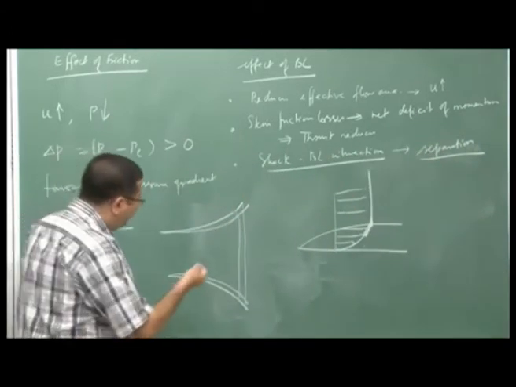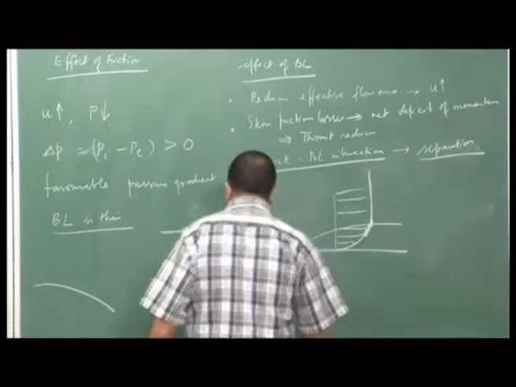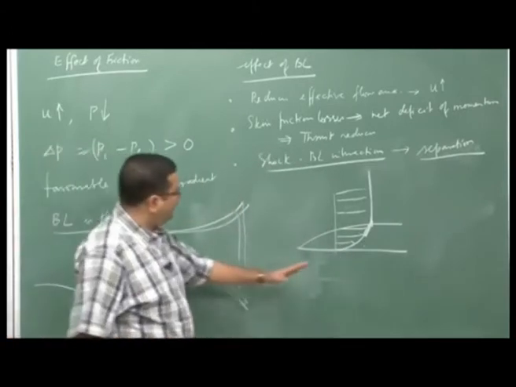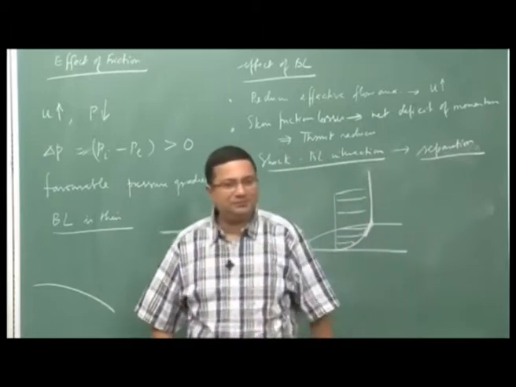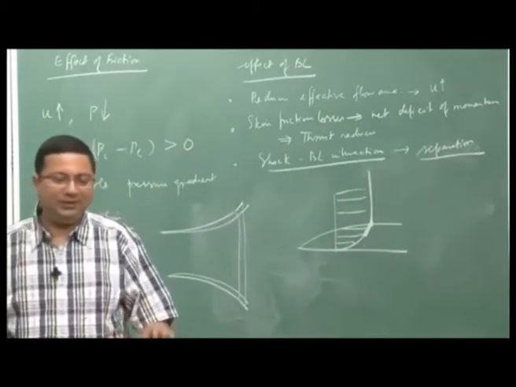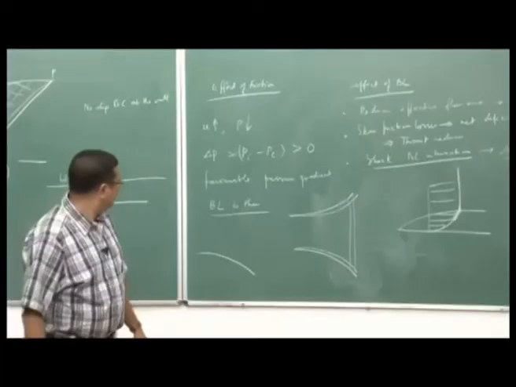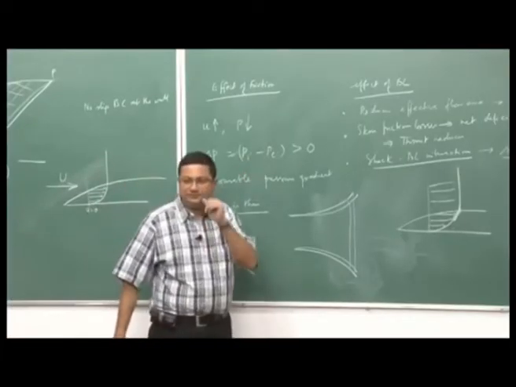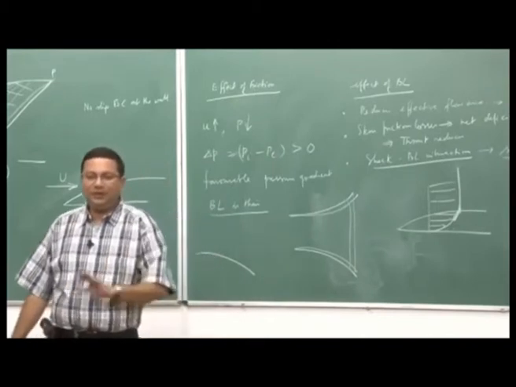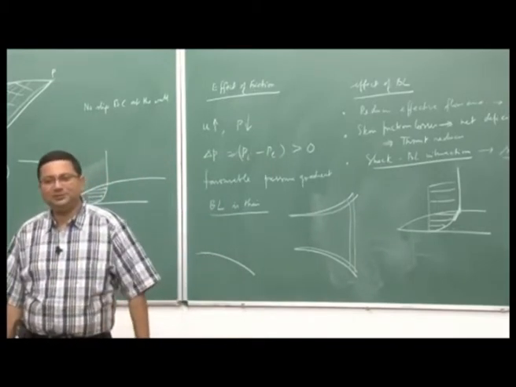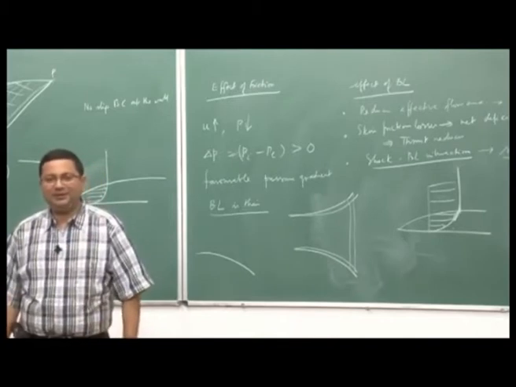Now, another important point to notice here is that when we are in the boundary layer, the flow is subsonic, right. In the boundary layer the flow is subsonic, and we have a diverging passage. Okay. In the subsonic flow, in a diverging passage, what happens? Pressure will increase, right.